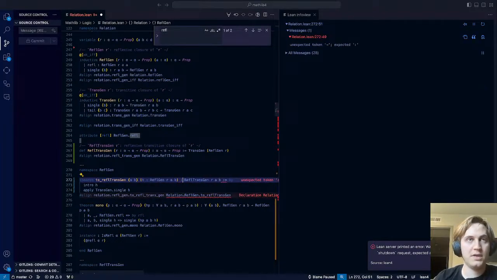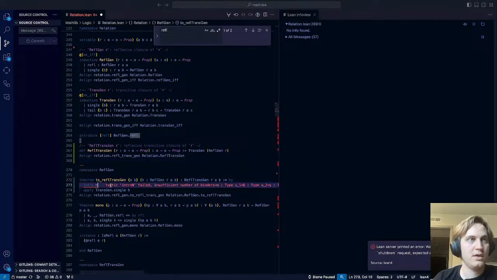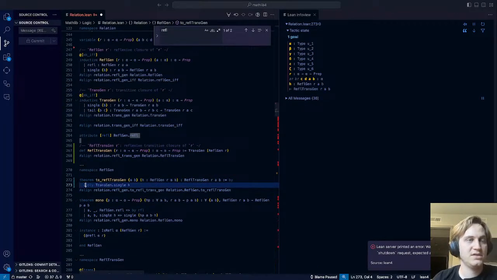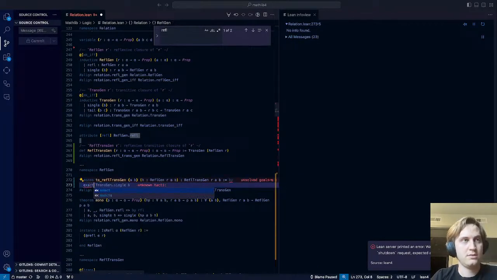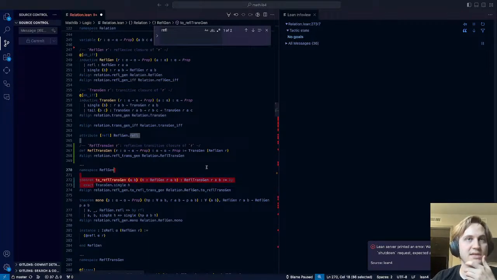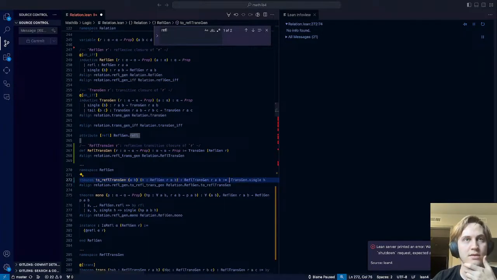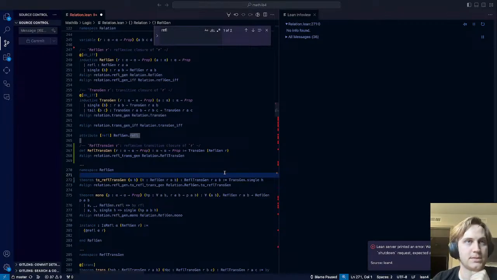I can put my colon here. I don't have to do this. And this is in fact an exact statement. And because of exactness, I can just delete this, and therefore I have this. Okay, cool. Seems like a theorem to me.